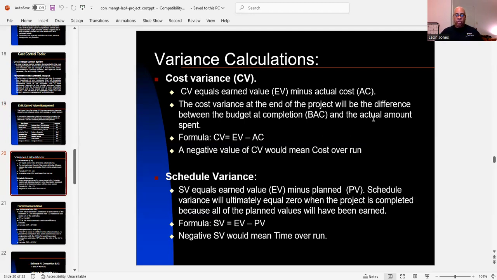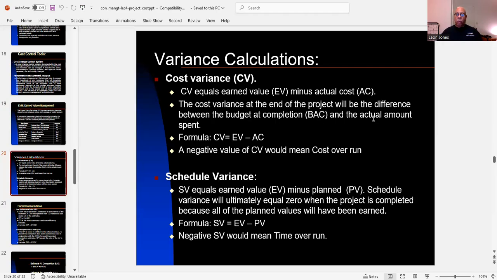So the formula is CV equals EV minus AC. Now, if you have a negative value of CV, that would mean that you have an overrun.